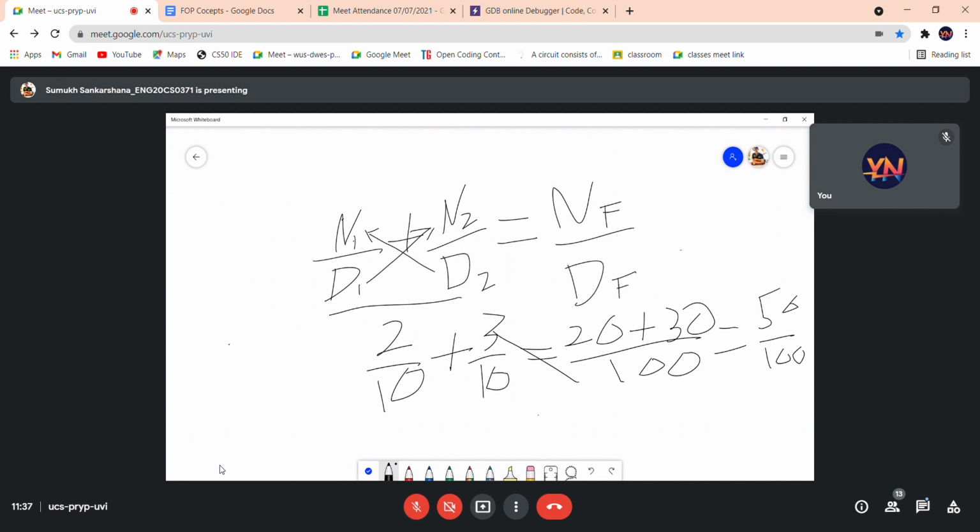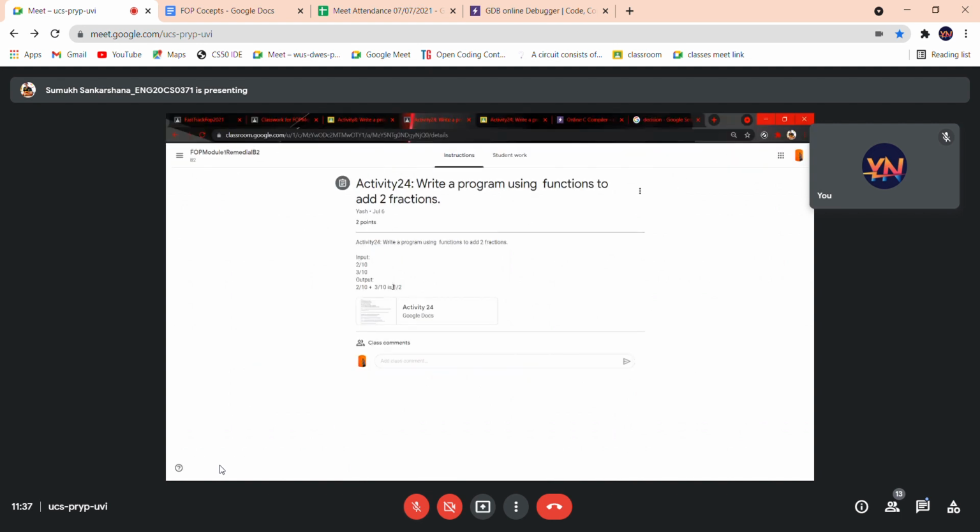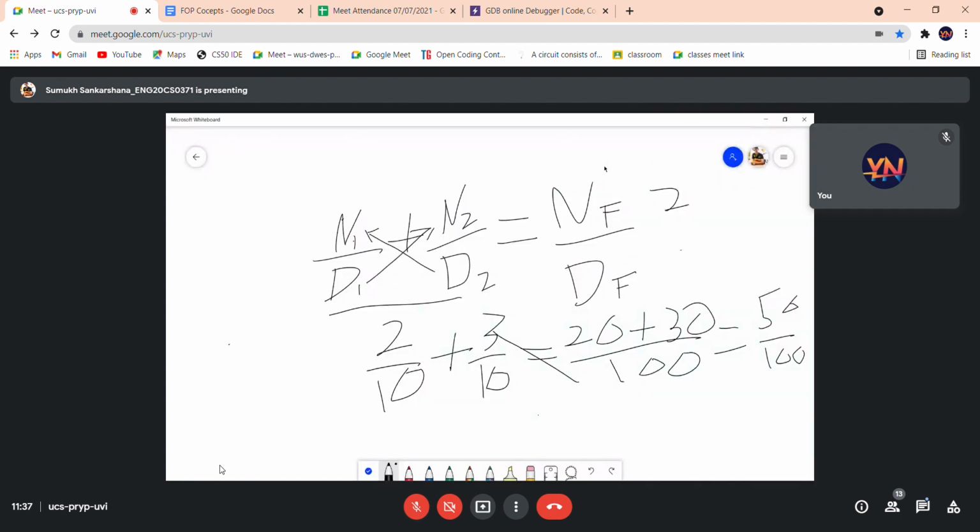As you can see, we added it, but we have to convert it to the simplest form. In a few of the other activities, we've told you to find the GCD and HCF of a few things.